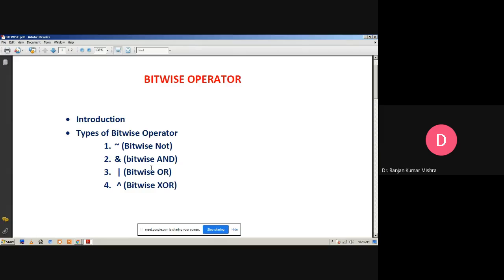It results in 1 if one and only one of the bits has the value 1, otherwise it results in 0. It works the same as the exclusive OR gate in digital electronics. Basically, this is the theoretical concept. Now we go for the practicals, where we use variables with the bitwise operators not, and, or, exclusive or. Now we go for the practical session.